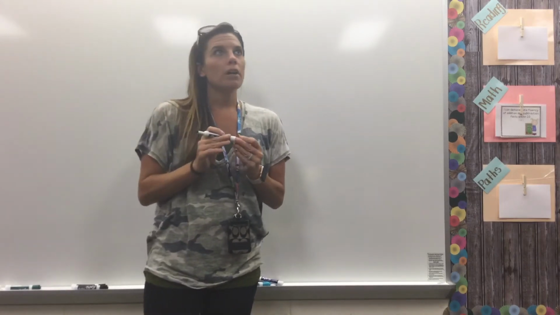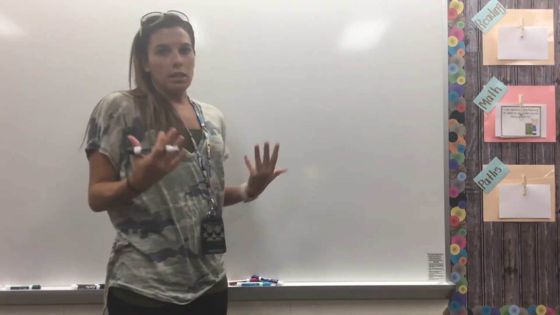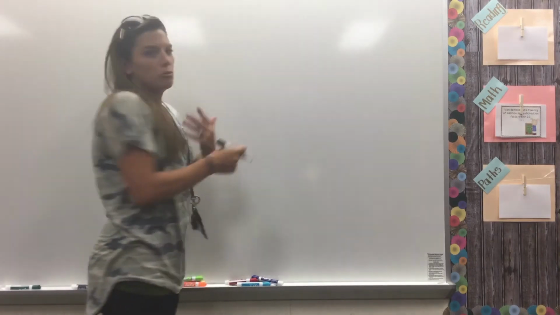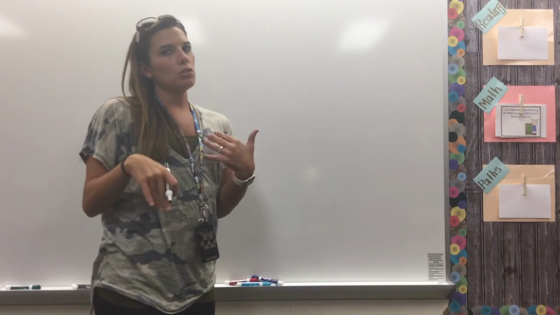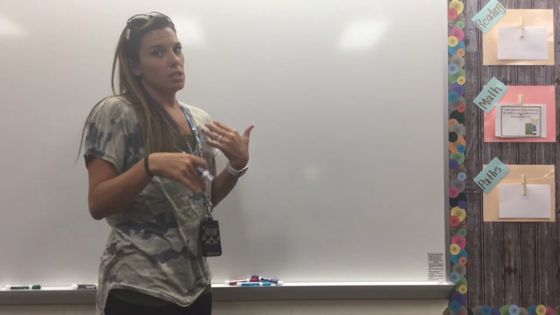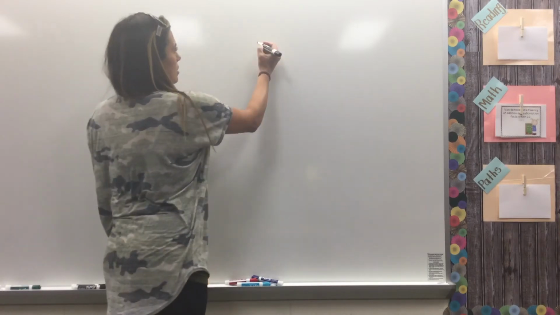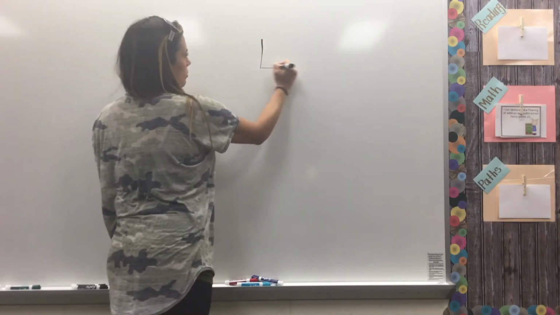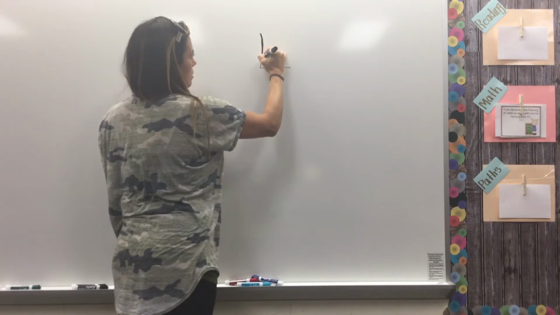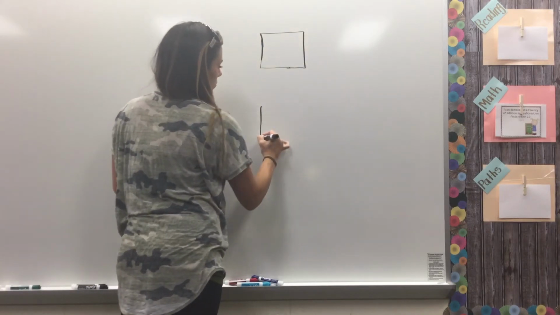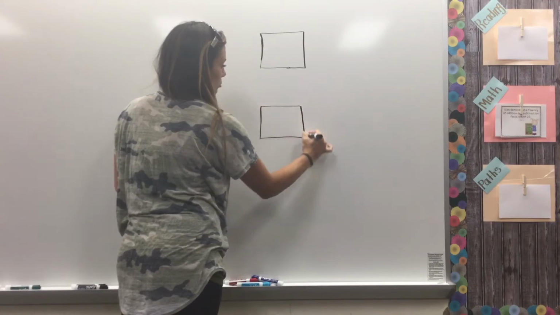So your number bond, first of all, it can look any type of way, okay? It can be circles, it can be squares. I'm gonna use squares today because that's what you're gonna see on your assignment, okay? And I'm gonna start with a number bond that looks like this.